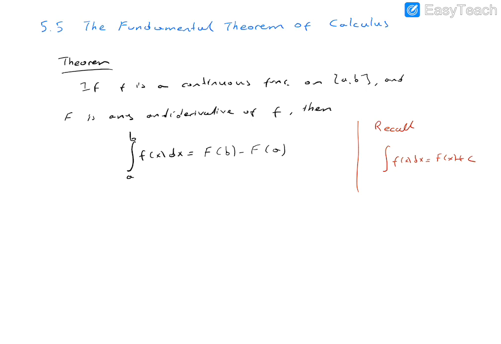Okay, now let's make an observation about this theorem on a simple example. Suppose that the daily cost function for a small manufacturing firm is given in dollars by this function. Okay, this is the total cost function, for x between 0 and 20.